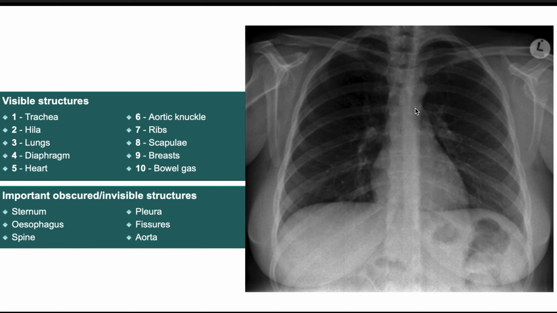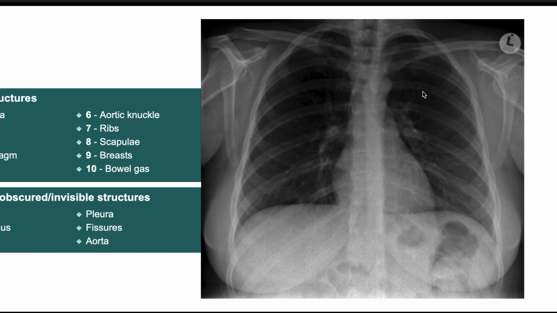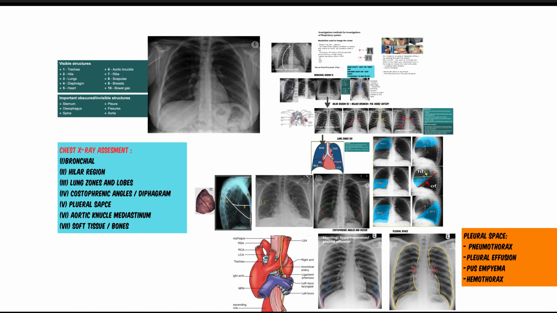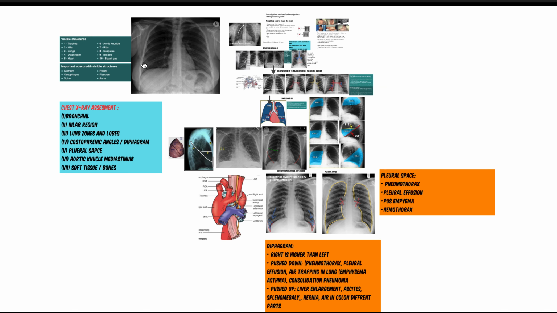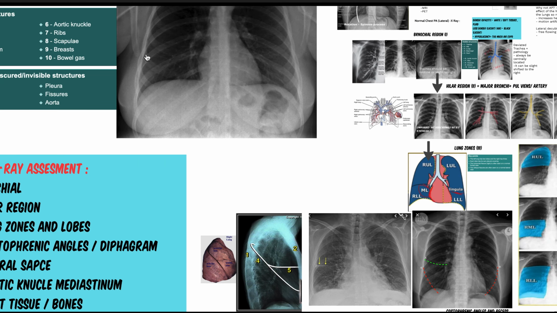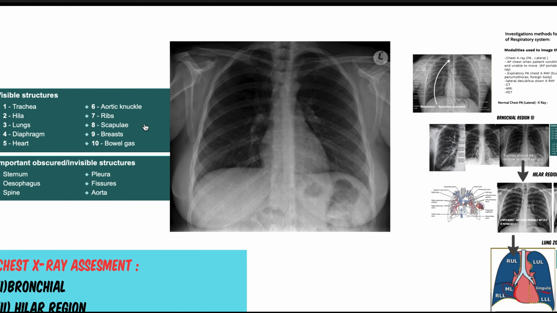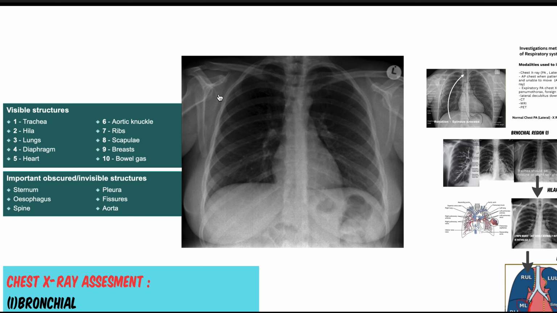Then you can see the aortic knuckle, which is where the mouse is clicking right now, and then you should be able to see the ribs, the scapula here at the back with the humerus and the glenoid fossa, as well as the clavicles.